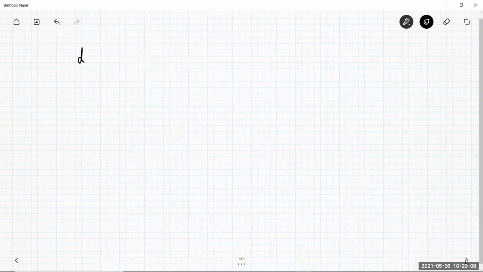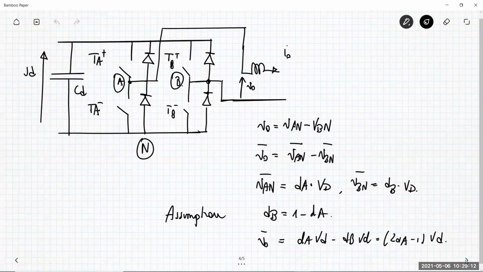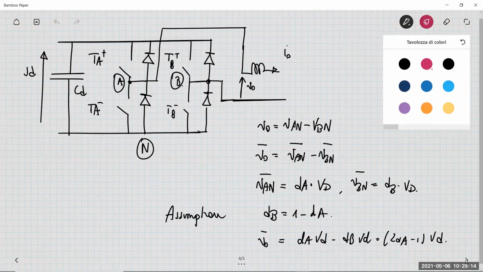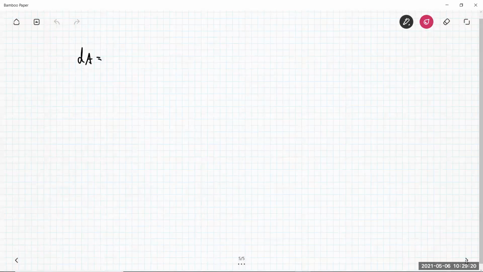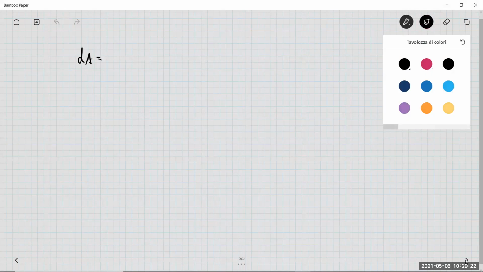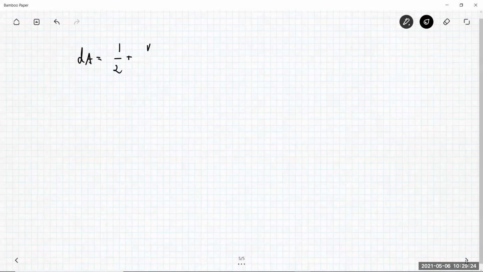The duty cycle can be derived from this expression here. The duty cycle dA is equal to one half plus V naught averaged over 2 times VD.